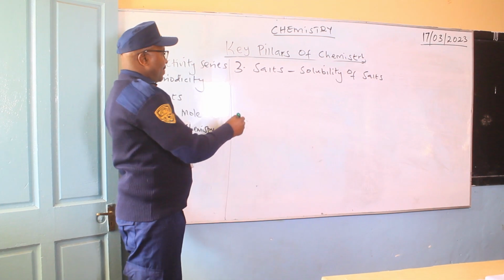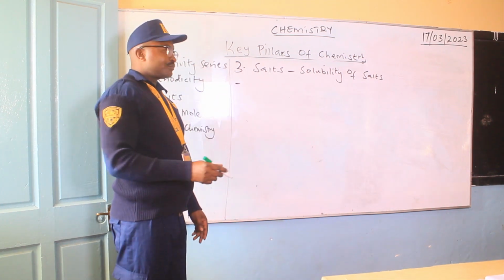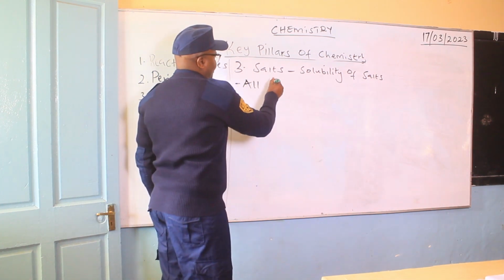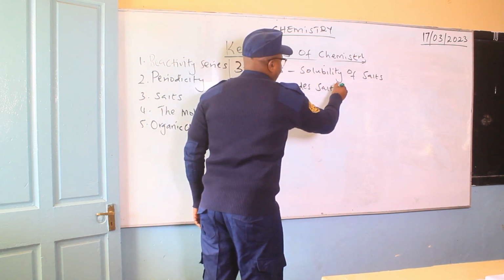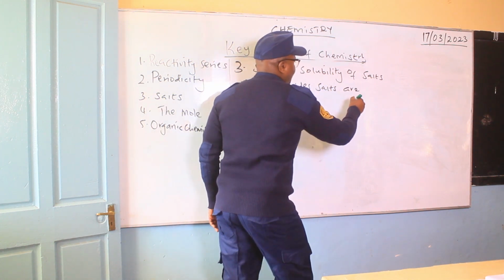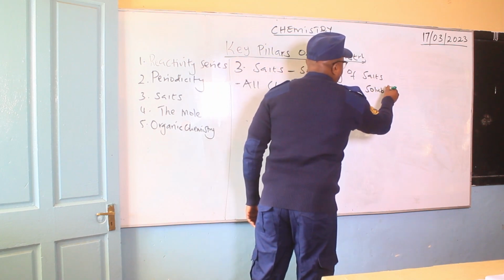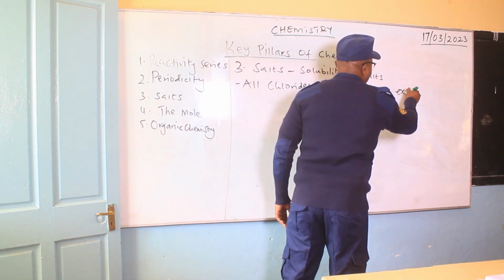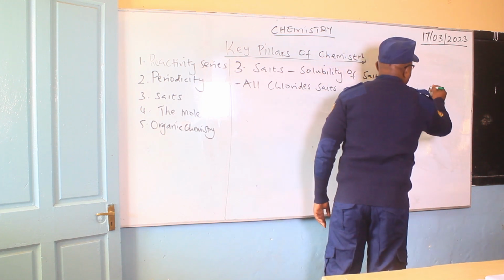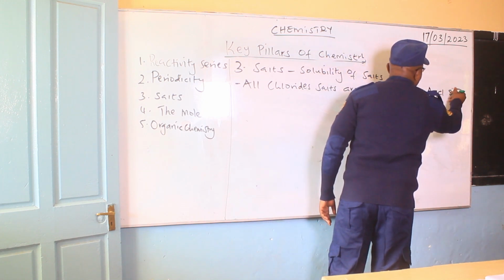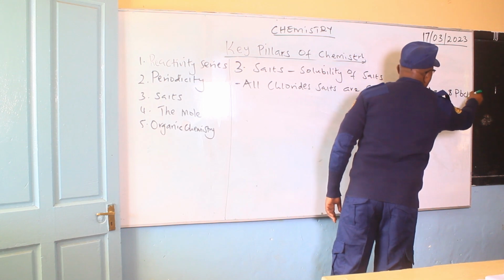For example, we say that all chloride salts are soluble, except silver chloride and lead(II) chloride.